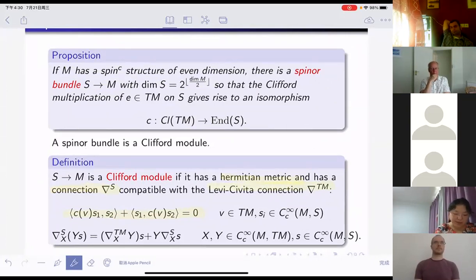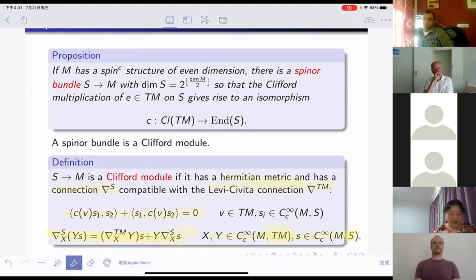And the compatibility is in this sense: when we have a multiplication of Tm, of a vector or covector, on a spinor bundle, the Leibniz rule of this connection will have to be satisfied, and that is the compatibility of the spinor connection and the Levi-Civita connection.